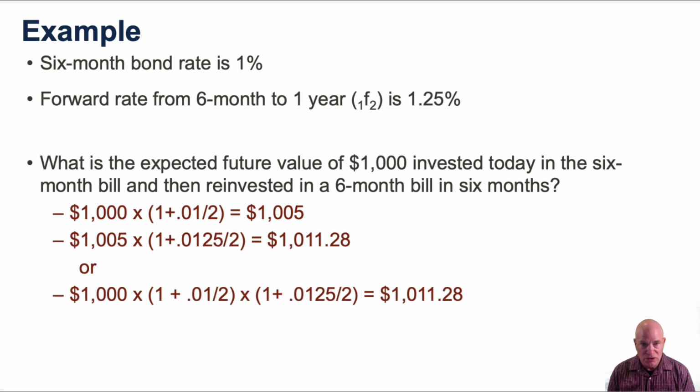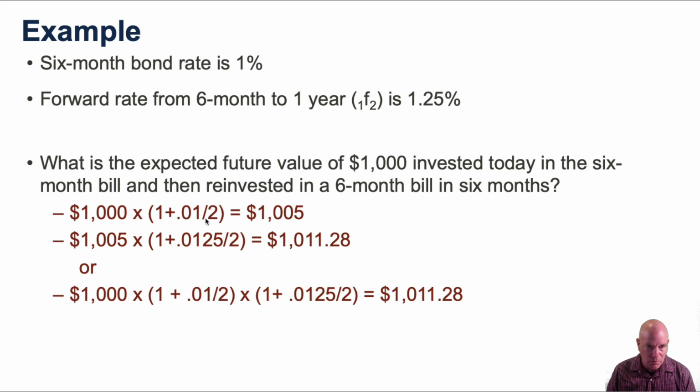So now the question is, what is the expected future value of $1,000 invested today in a 6-month bond? So we're going to start in a 6-month bond, and then we're going to reinvest it in a 6-month bond in 6 months. So that forward rate from 6 months to 1 year is what we're going to reinvest it in, or 1.25. So the first 6 months, we will have $1,000 invested.